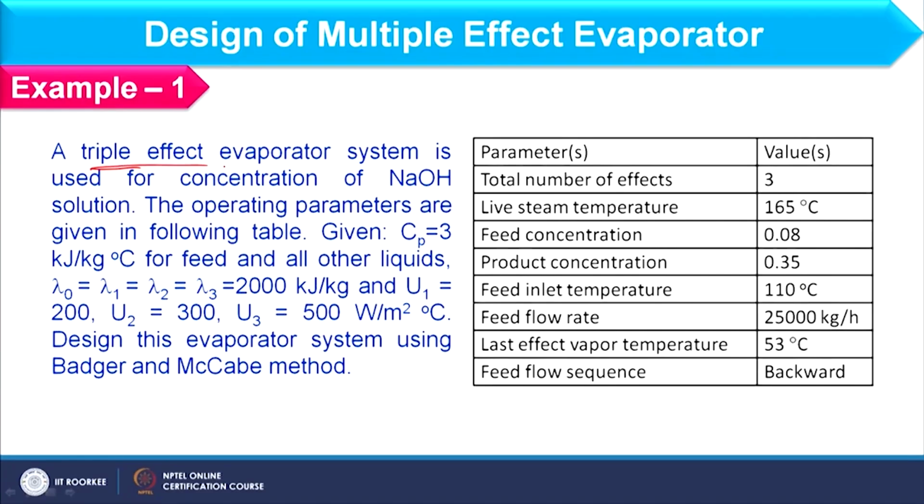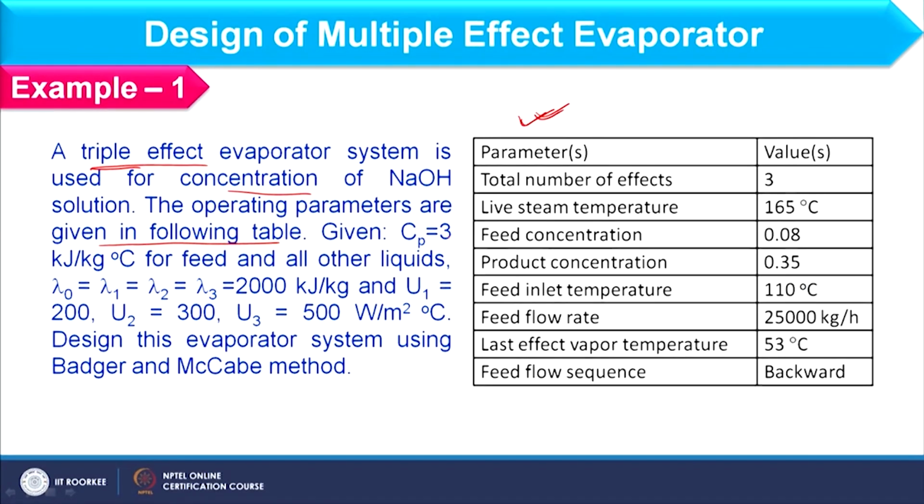So, let us focus on example 1. In this example, a triple effect evaporator system is used to concentrate sodium hydroxide solution. Operating parameters are given in the table which is shown over here, that we will discuss later.